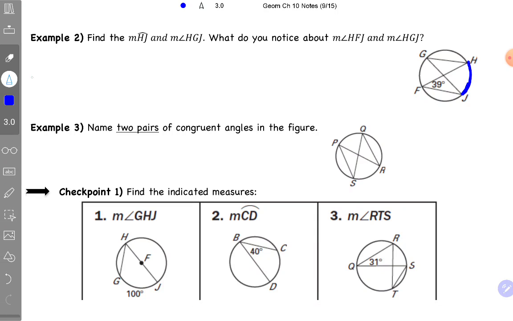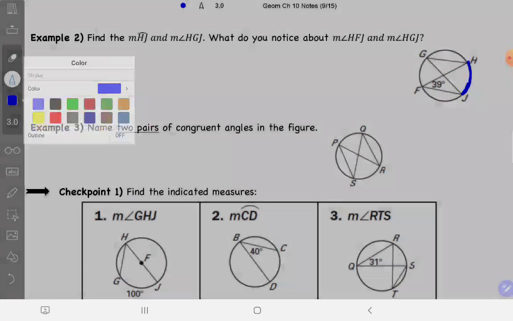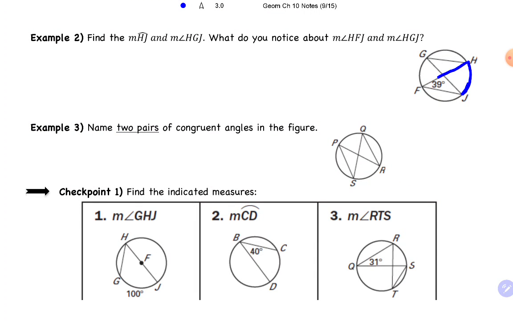And look at this angle here. Okay, that's an inscribed angle. So that means the arc HJ is equal to double 39. So that is 78 degrees.